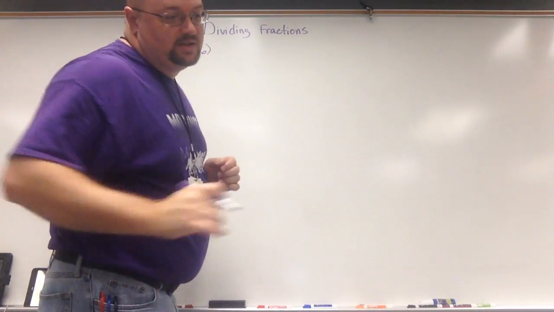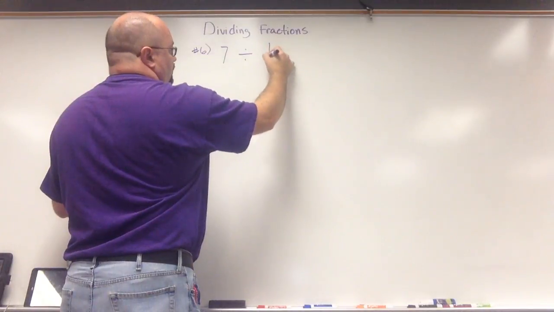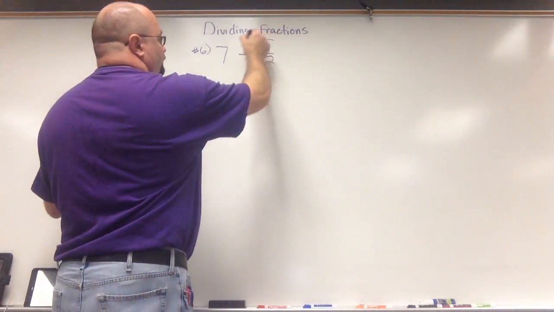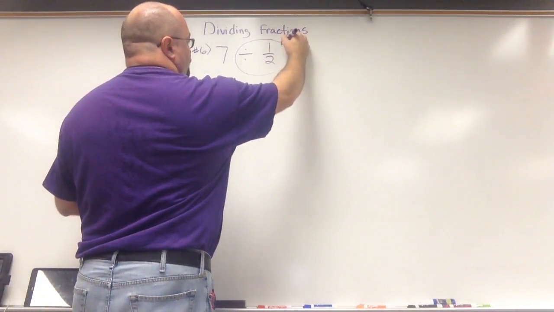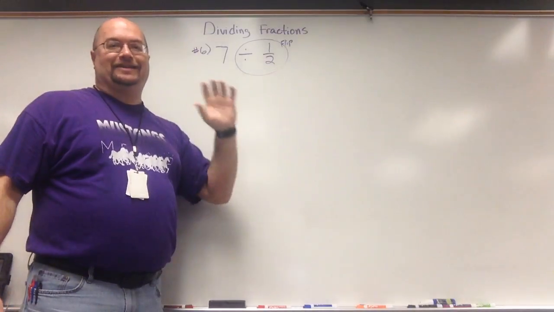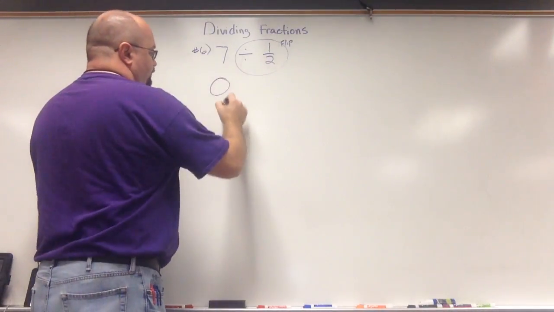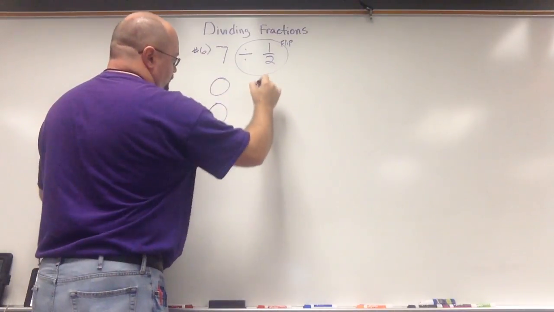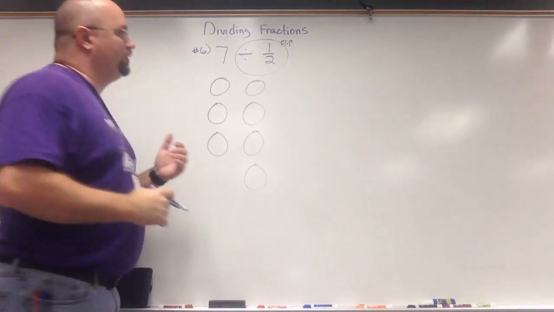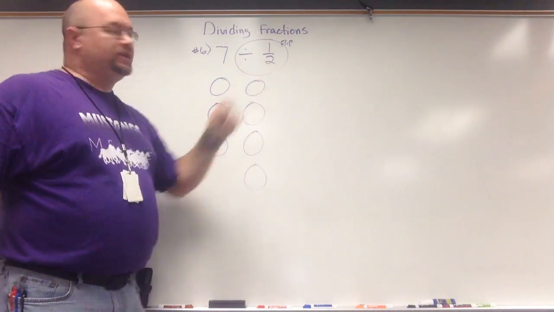So number 6 is 7 divided by 1/2. Okay? So, again, I've got 7 wholes, and I'm dividing those 7 wholes into 1/2 pieces.